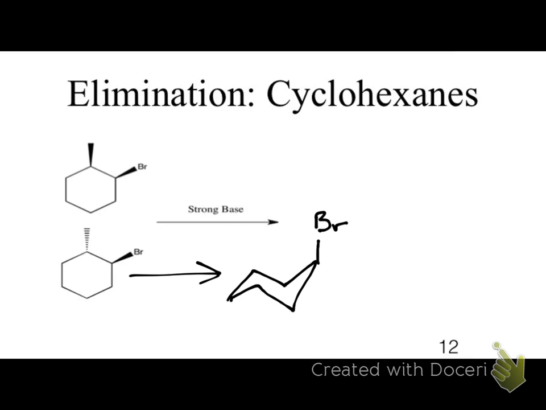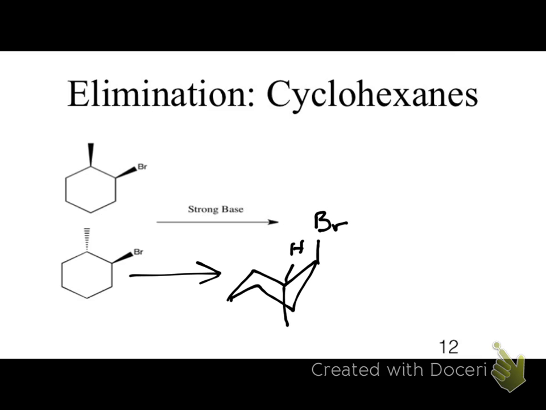Where's the methyl? It's the carbon next door. I'm going to pick that carbon to be over here. It's going straight down, which would mean it has to be the axial one, which means our hydrogen would then be equatorial coming out here. Can you see the anti-arrangement there?